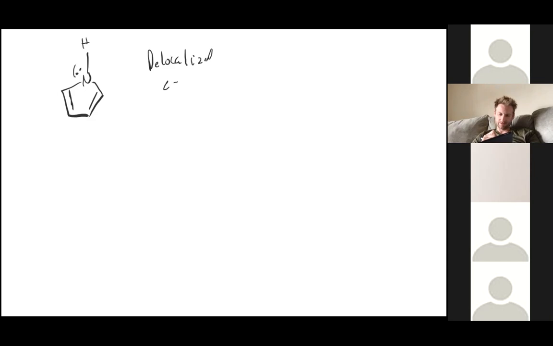Because I can move them around my ring as much as I want to, we're going to consider this as having 2 pairs of double bonds and 1 lone pair. So this would have a total of 6 pi electrons.